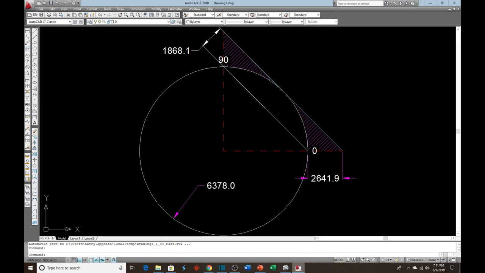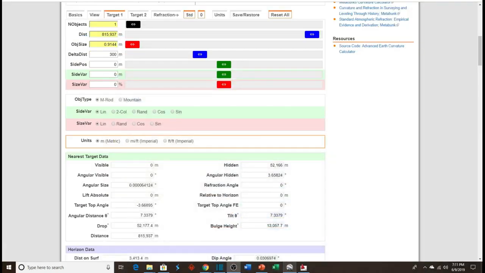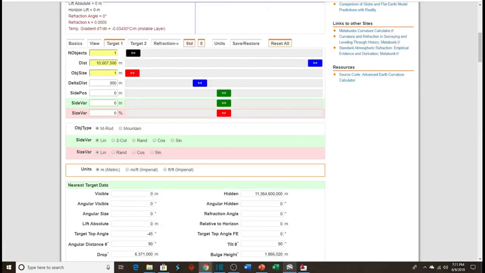Now, how does that compare with, well, let's say, a curve calculator? Well, here we go. That distance is a quarter of the circumference of the Earth.